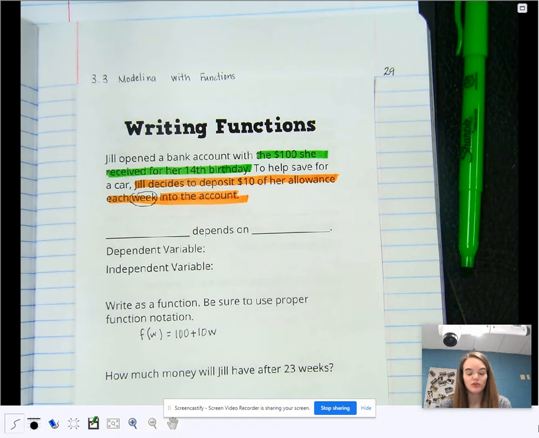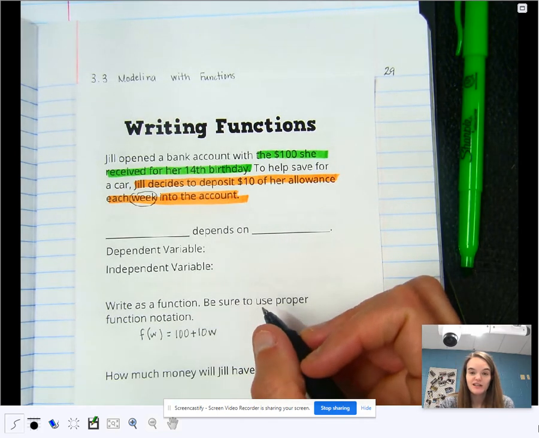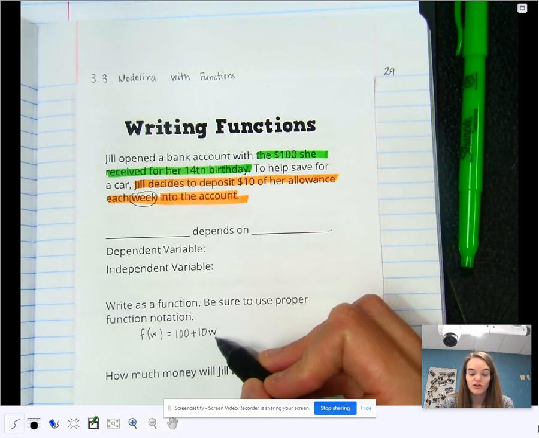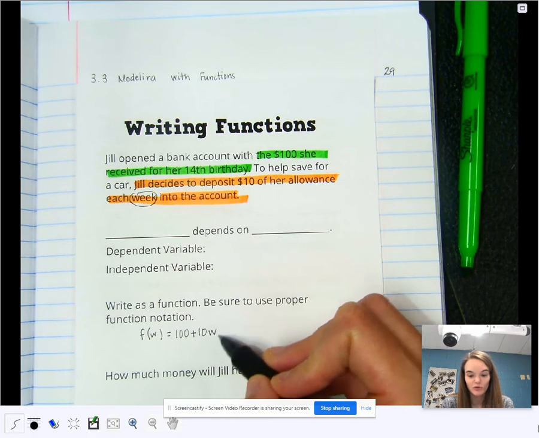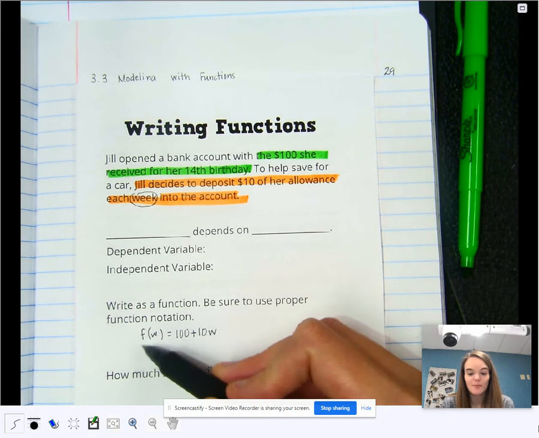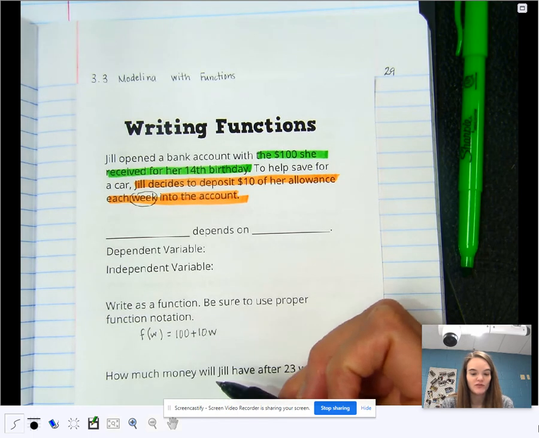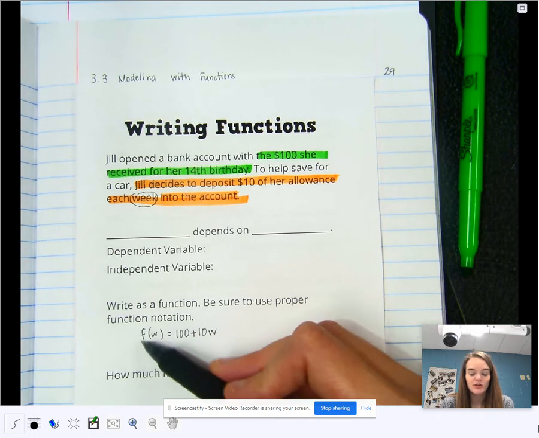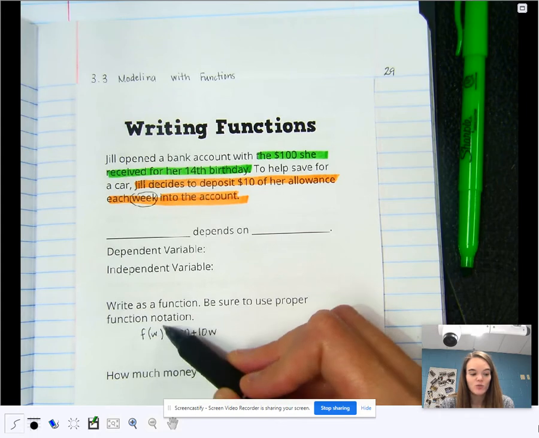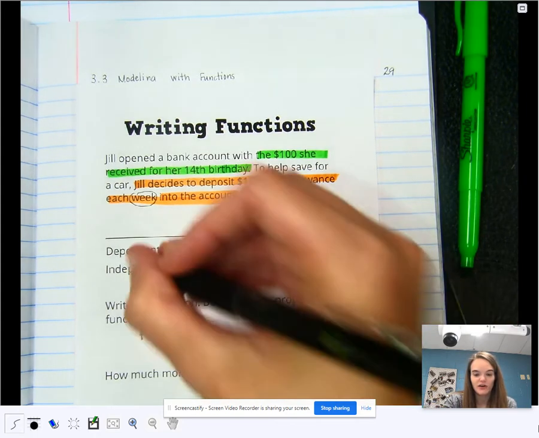I'm going to go back and fill in my independent and dependent variables now. Now that I've written the function, one of the variables is week, the other one is the amount of money in the account. That's what F of W is going to stand for. F of W is just like Y, and Y is the dependent variable.